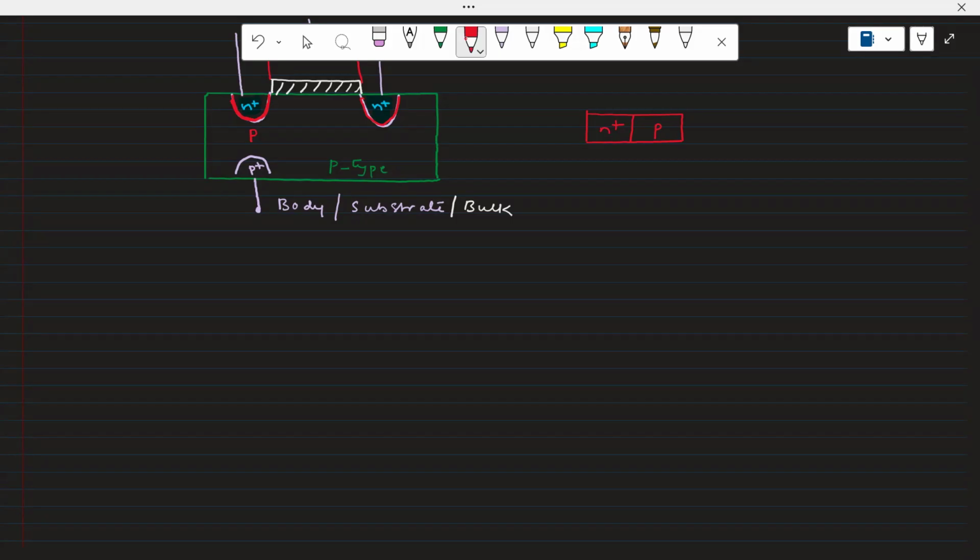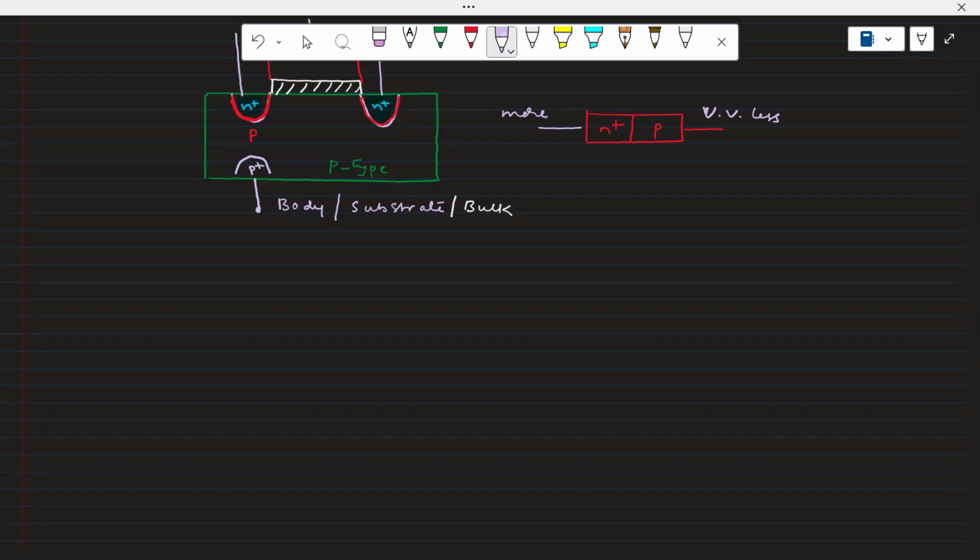That means this should be reverse bias. Reverse bias means very, very less compared to this side. It should be more. Do you agree with me? Okay, that means we have to make this value very less compared to whatever potential we apply at the n plus side.